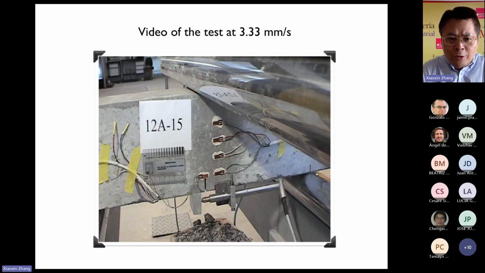This video shows the test at a loading rate of 3.33 millimeter per second. From this video it is very clear. From this photo, we use the LVDT to measure CMOD directly.